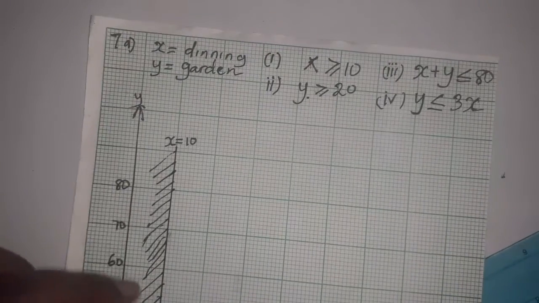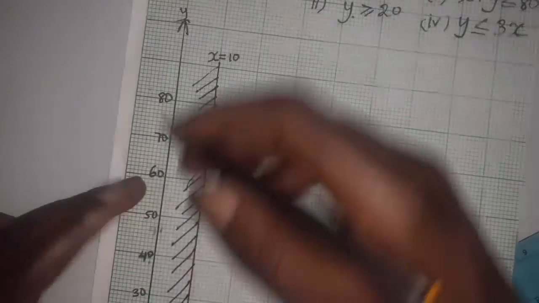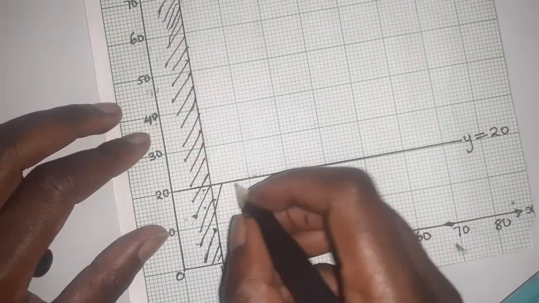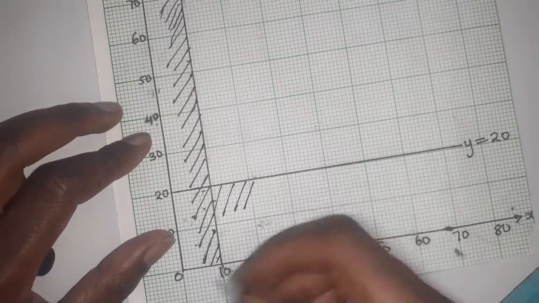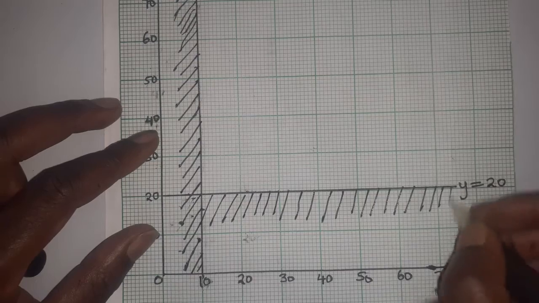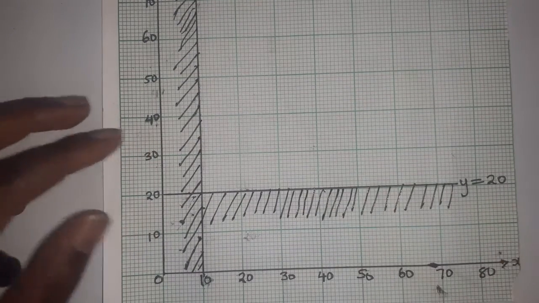Then what do we want? We want to shade the unwanted region. So the wanted region is what is greater than y, meaning on top of y. So we are shading this part that is below. That is the part that we are supposed to shade here.